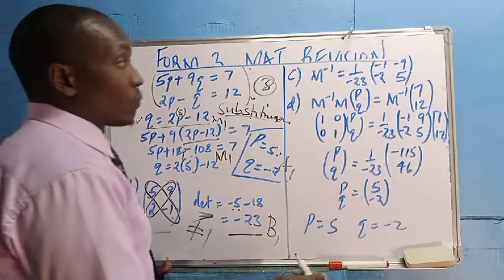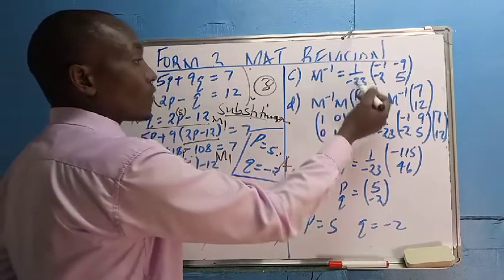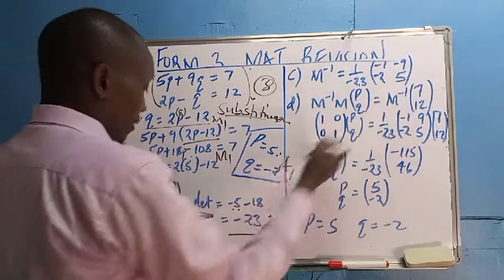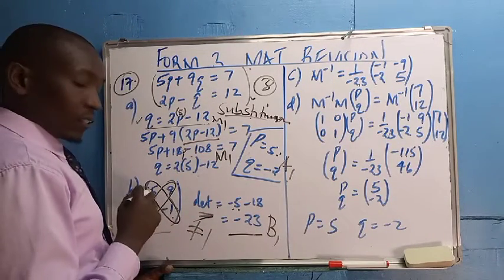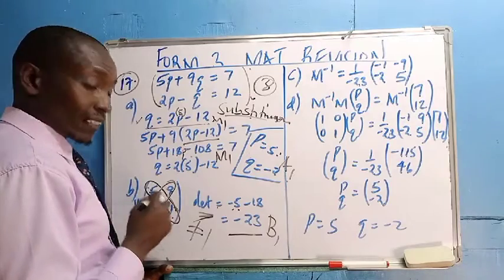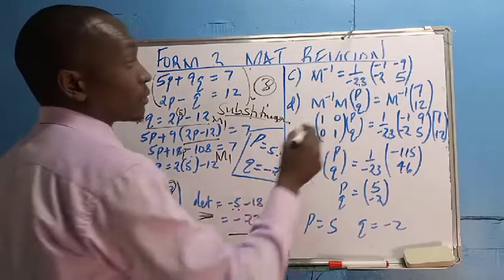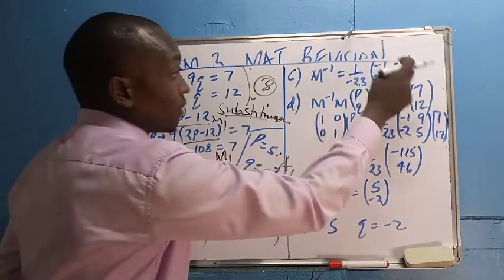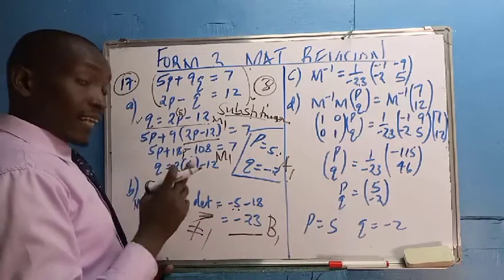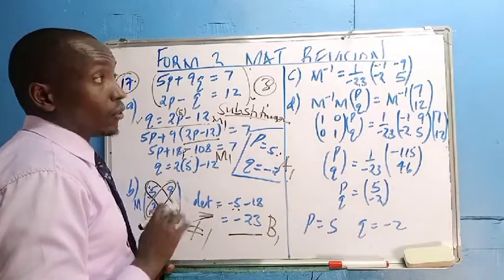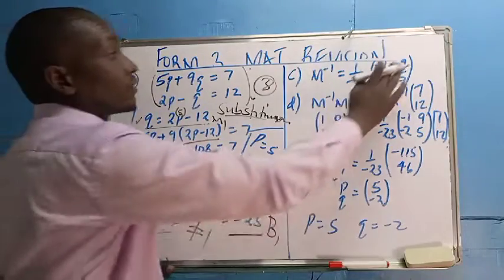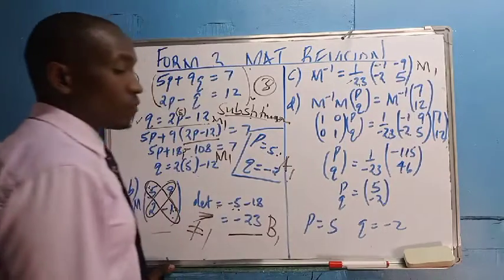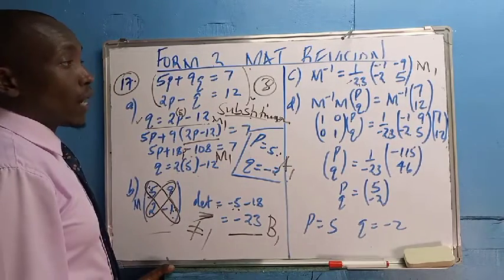So the way we work out the inverse, it is 1 over the determinant, then the elements in the principal diagonal are interchanged, whatever their position. This was negative 1, then negative 1 will be here, 5. Then the elements in the other diagonal maintain their position but take different signs. That is all that I have done there for 1 mark.